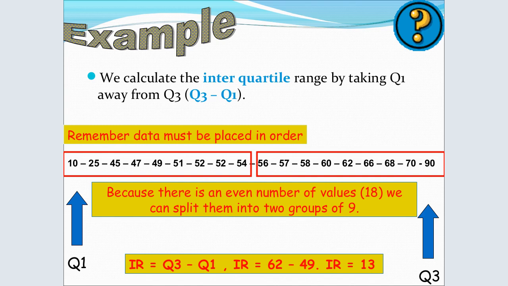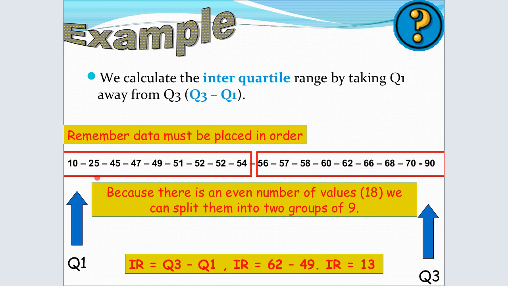So for example, we have been given this kind of data. It ranges from 10 to 90. So let us try to find these values.